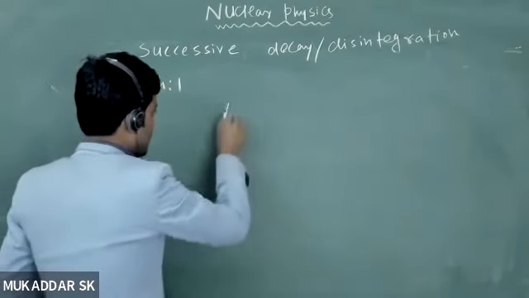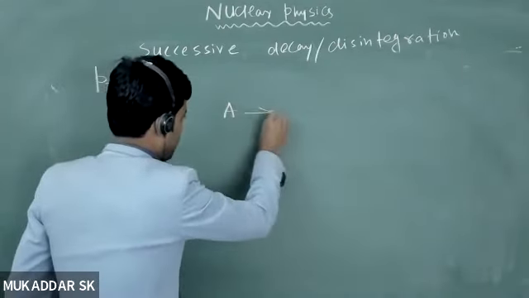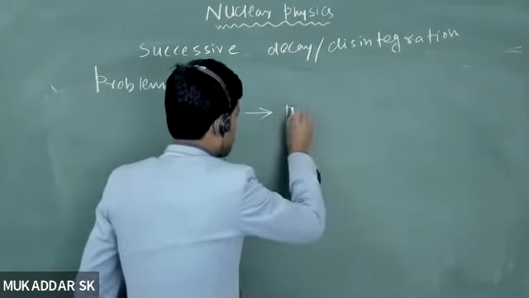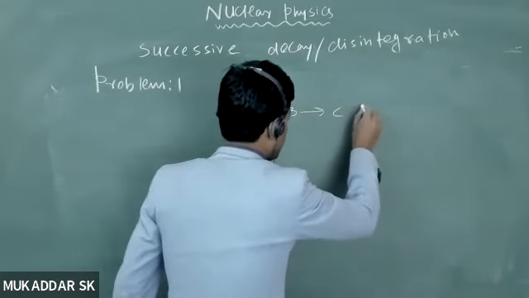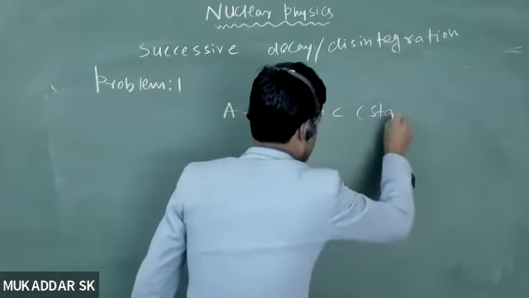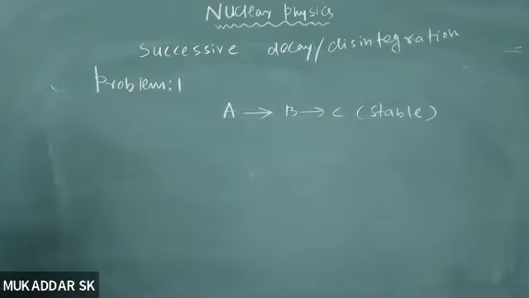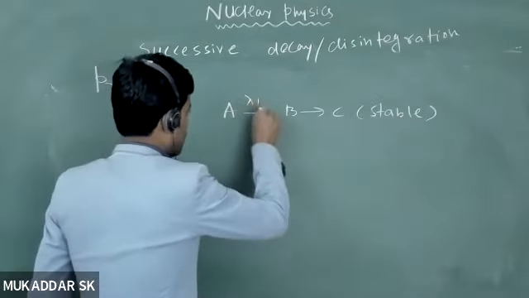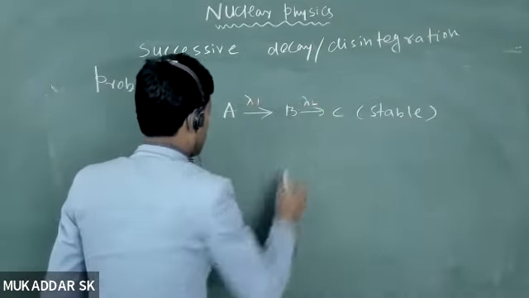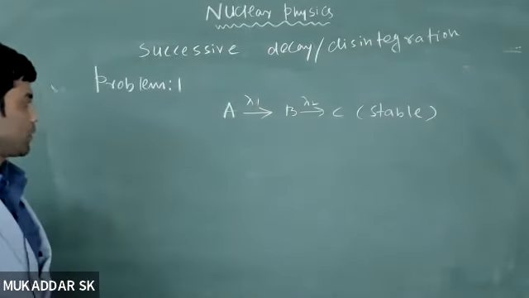You have A nuclei decaying to B, and B is decaying to C, which is stable, with decay constants lambda 1 and lambda 2.